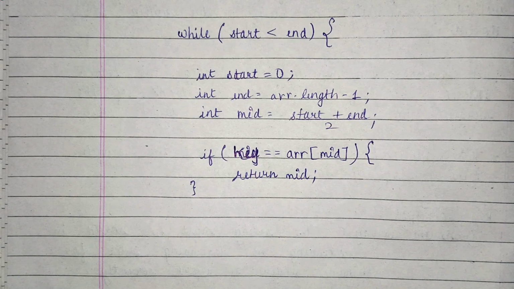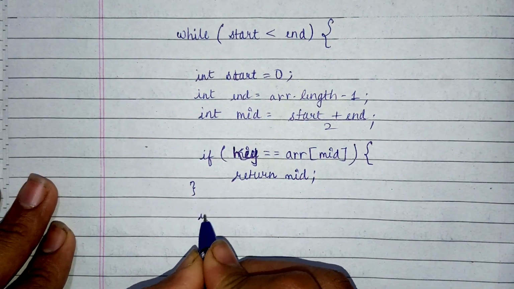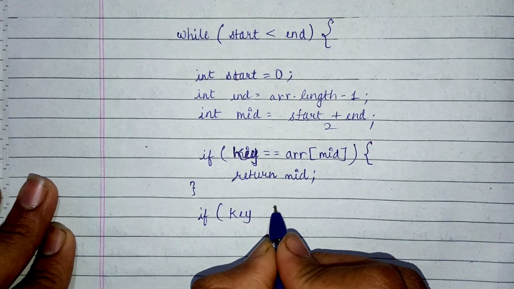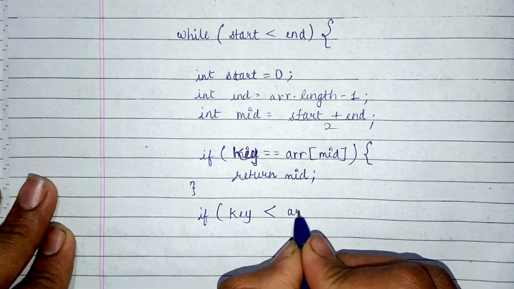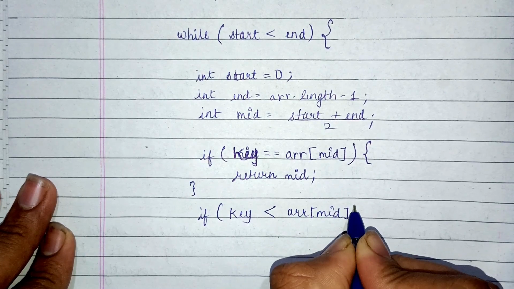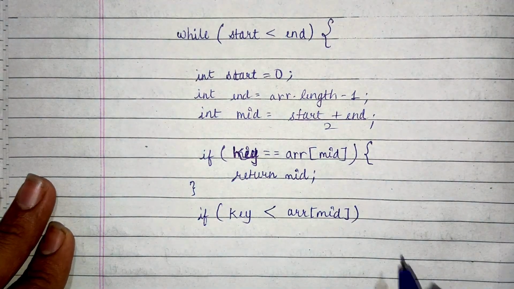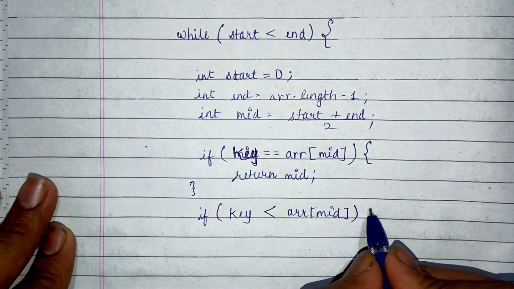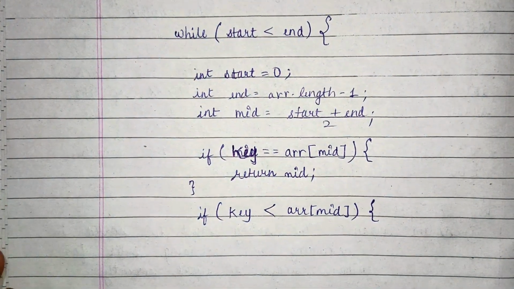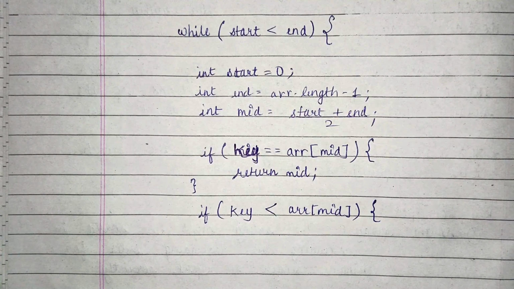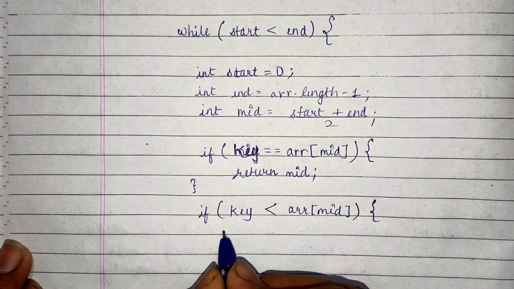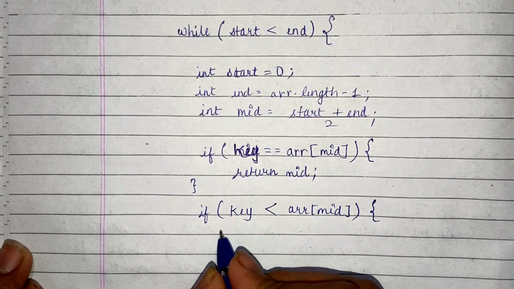Now if the key's value is less than array of mid, then we have to update the end value here.